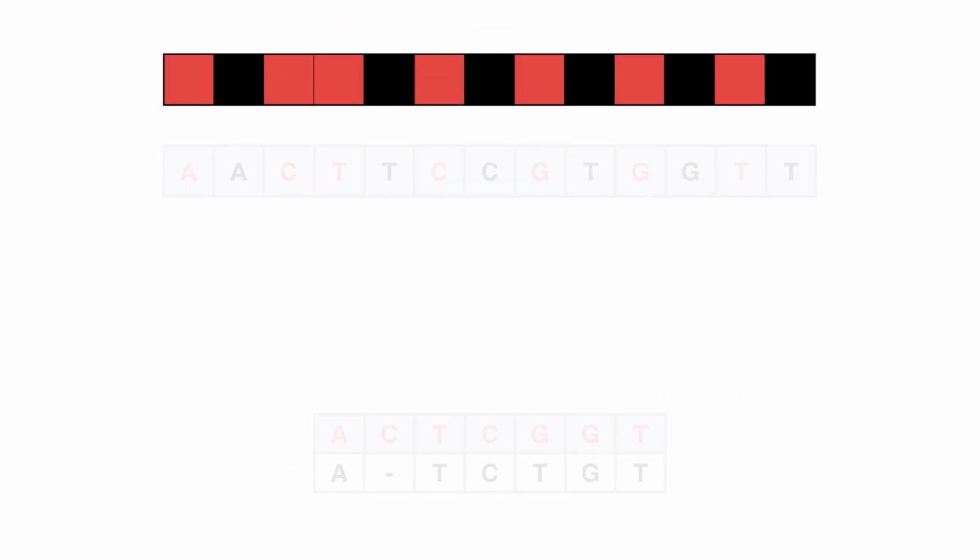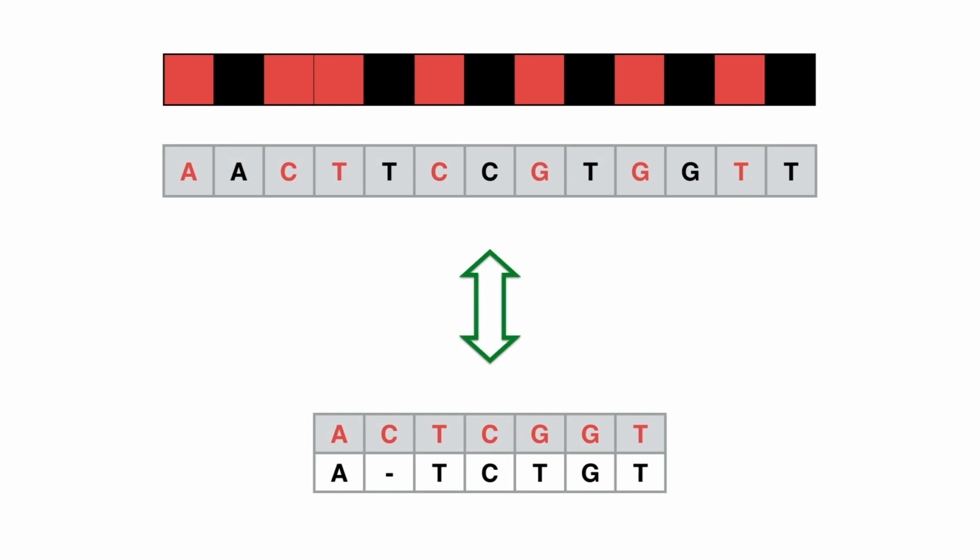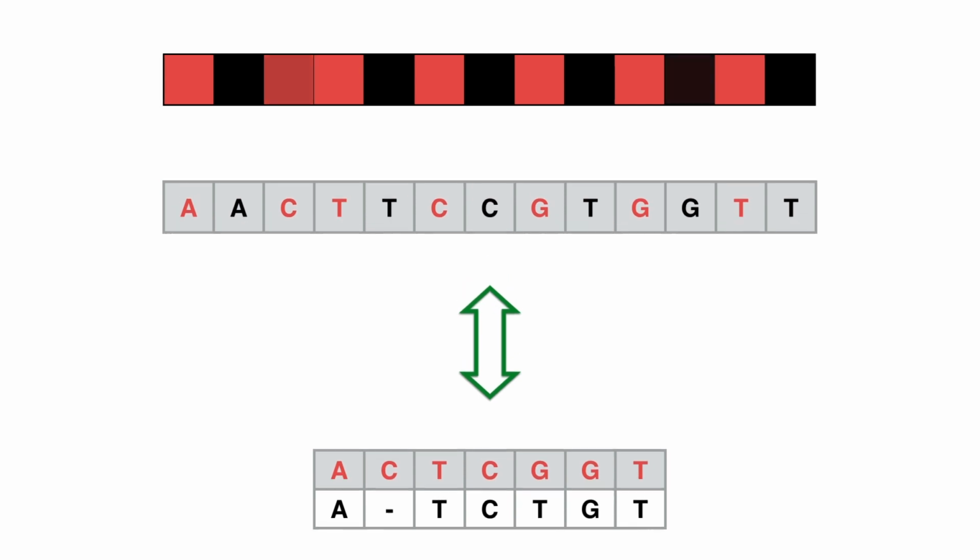We don't really need the letters in the sequence, as they are always placed in the same order. For instance, the first black cell is to be occupied by an A, the second by a T, the third by a C, and so on. All that is needed to identify the associated alignment is the distribution of red and black cells in a red-black array. Each such distribution corresponds to a unique alignment, as illustrated in these two examples.